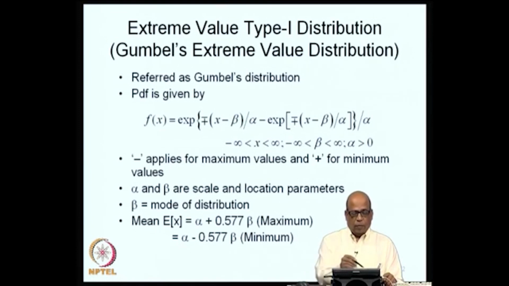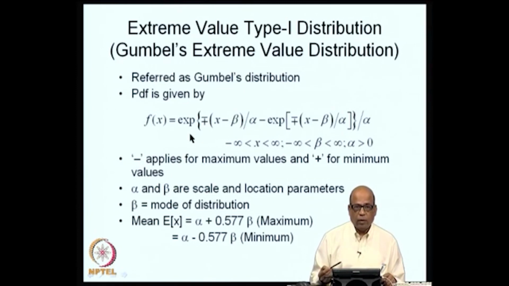The PDF of the Gumbel's extreme value distribution is given as f(x) = (1/alpha) exp[ -/+ (x - beta)/alpha - exp( -/+ (x - beta)/alpha) ]. This is also incidentally called the double exponential distribution, because there are two exponentials here.